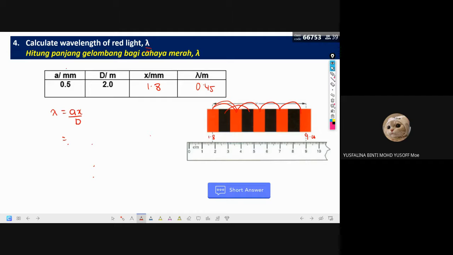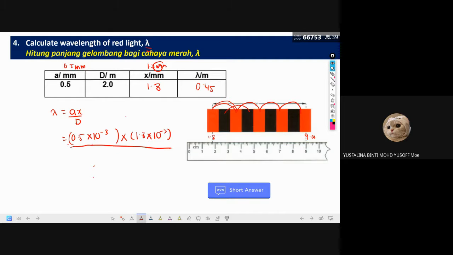So a is 0.5 millimeter, so you need to change the milli first. The milli is 10 power of negative 3. And the x is also in milli, so it means 1.8 times 10 power of negative 3. So milli, you change it to 10 power of negative 3.